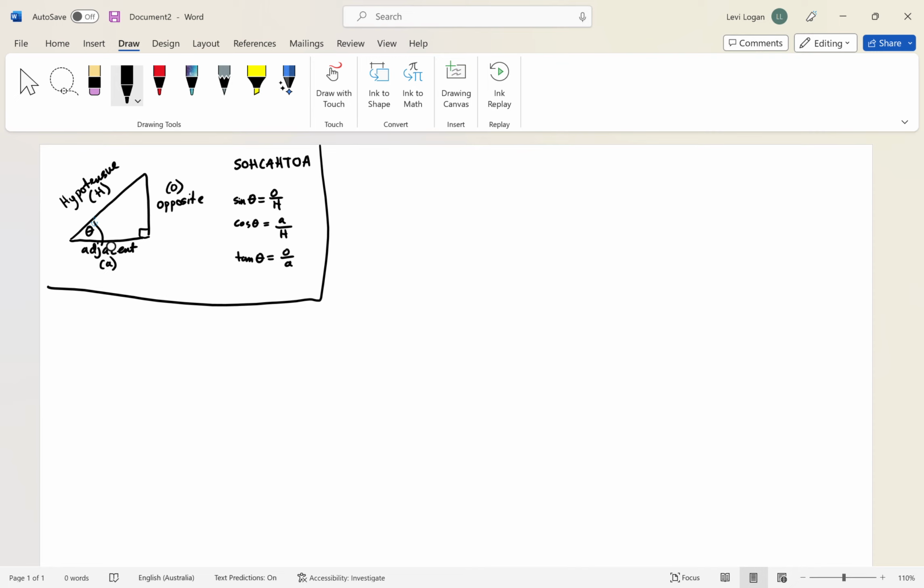So consider this right angle triangle. We had a side length of 10.3. We have an angle of 75 degrees and our x is here. Alright, so feel free to have a go at this problem. Pause the video. Alright, first thing we're going to do is label our angle.